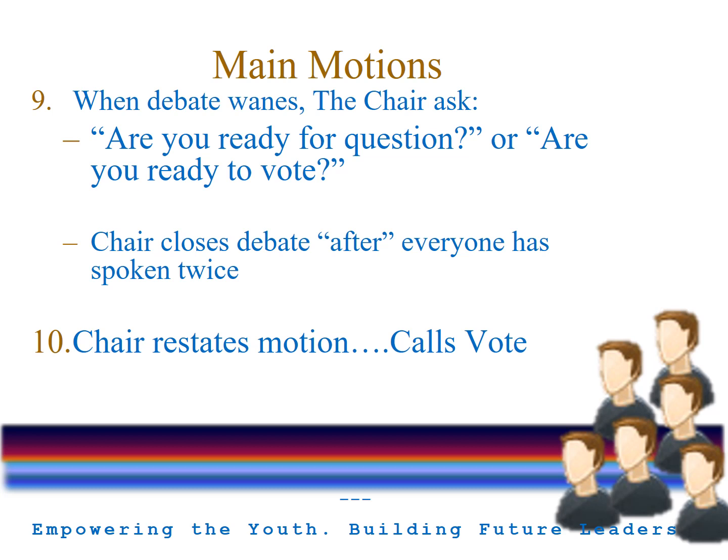The chair closes the debate after everyone has spoken twice. Now, the chair restates the motion, having amendments or amendment of amendments and other subsidiary motions presented. The chair calls for vote.